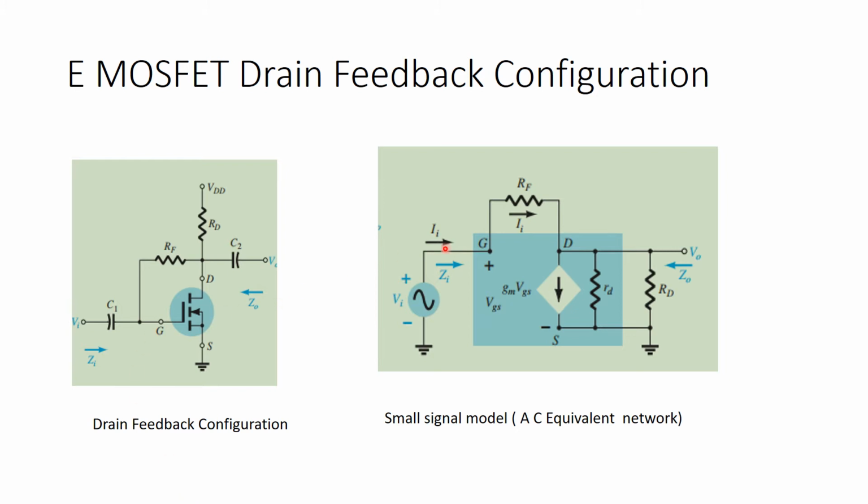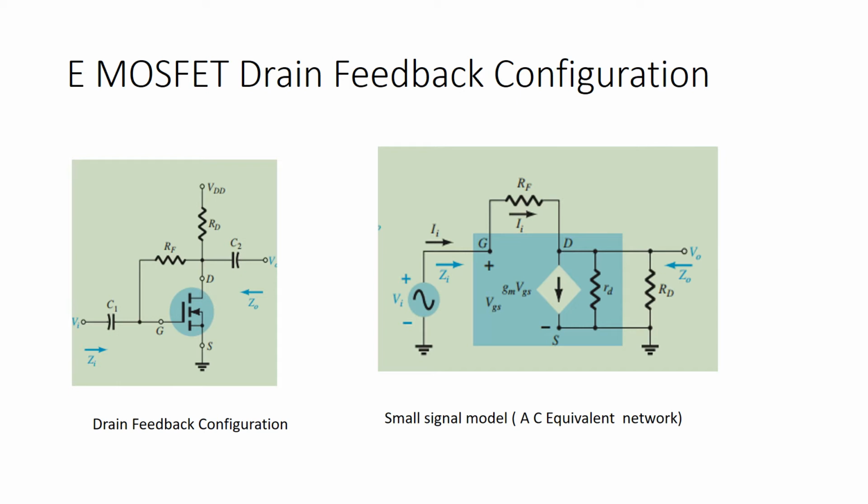To revise the small signal model, you start drawing from the ideal network. Here the ideal network is the device itself, the EMOSFET. Corresponding to that you draw the small signal model. gm VGS is a current source between the drain and source, with resistance rd, which is generally provided by the data sheet.